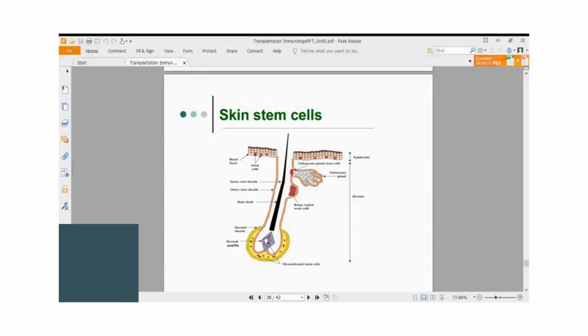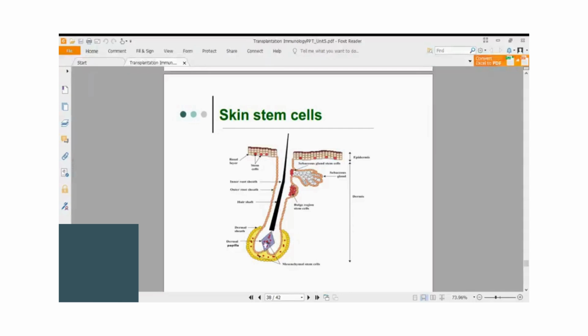This hair papilla, that is the dermal papilla, will not be immunologically rejected even if you don't match the MHC. Why? Because it doesn't express MHC. Keep that in mind.